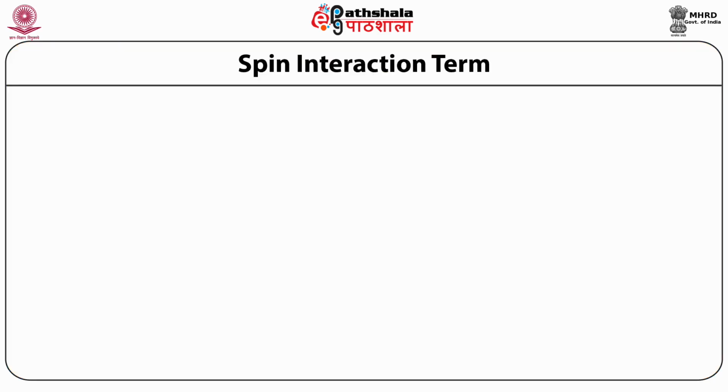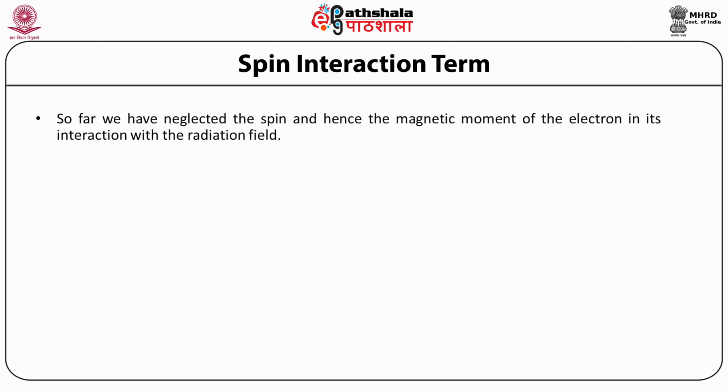Before discussing the other parts, first we will consider the higher order interactions. The first one is the spin interaction term. So far we have neglected the spin, and hence the magnetic moment, of the electron in its interaction with the radiation field.